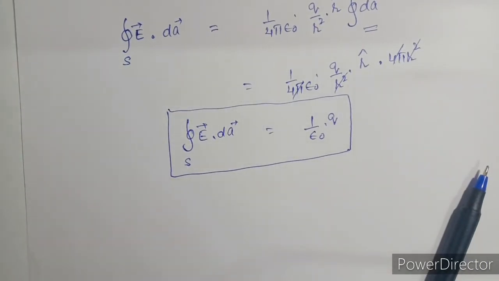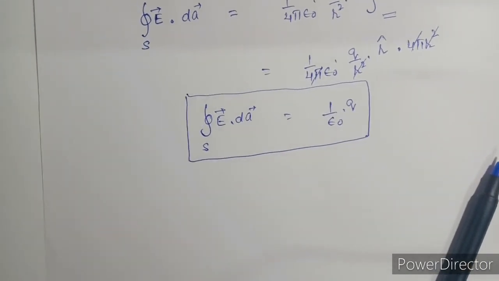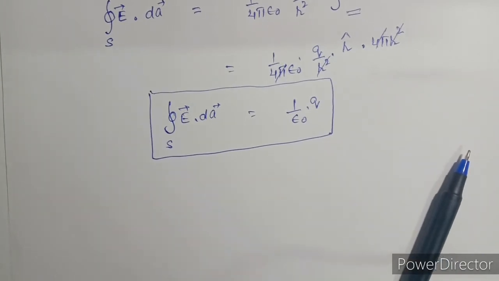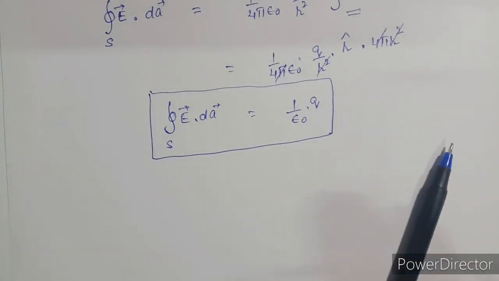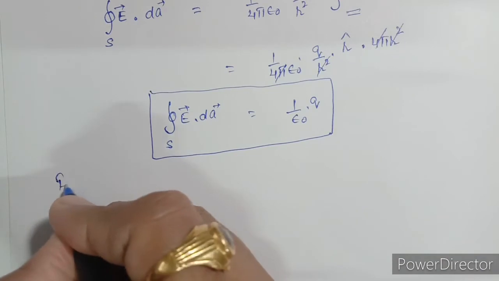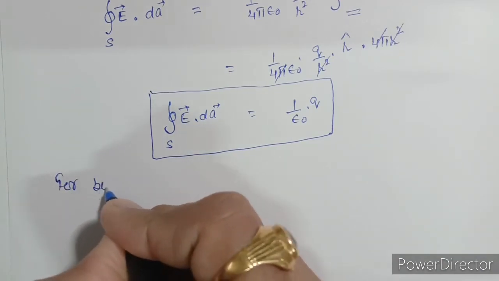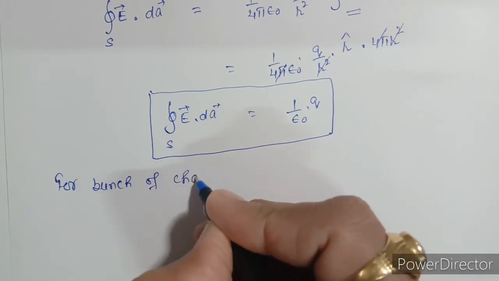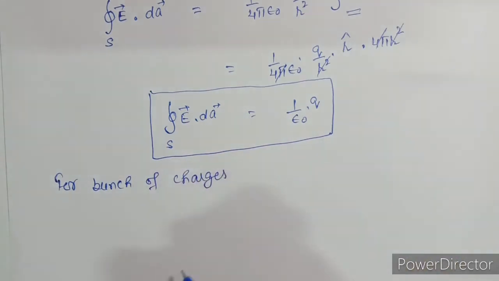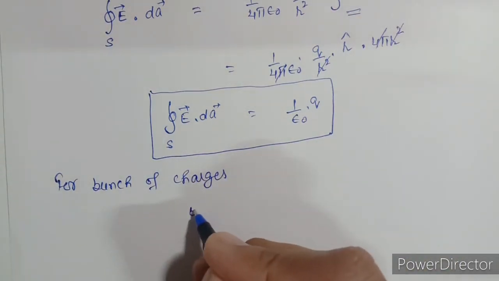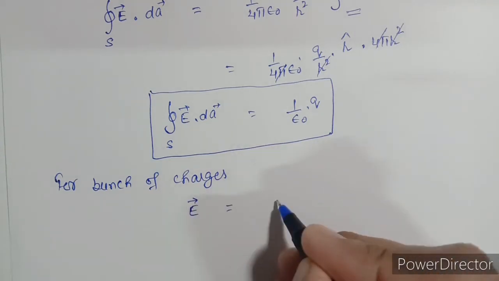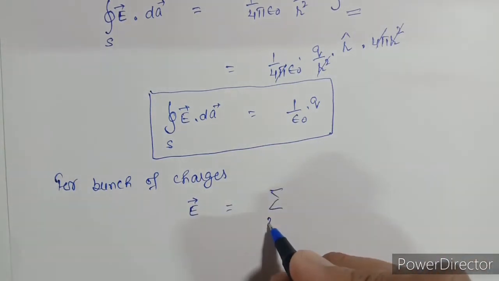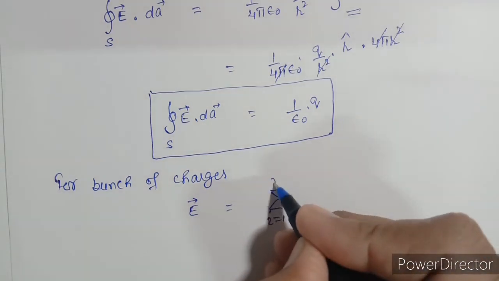Now in actual practice, we have a number of charges, that is, a bunch of charges. We can write the total electric field E equals the summation of Ei, i equals 1 to n.